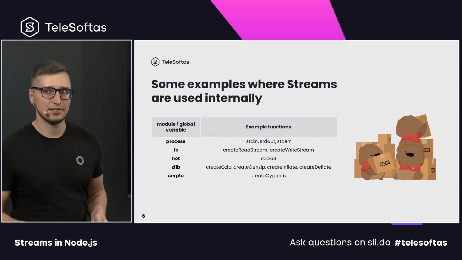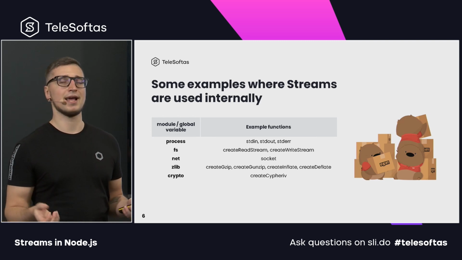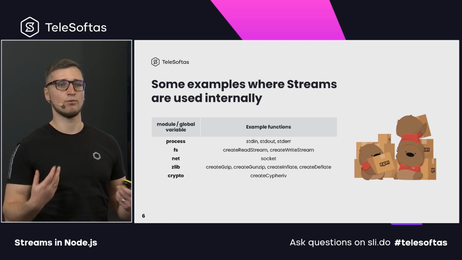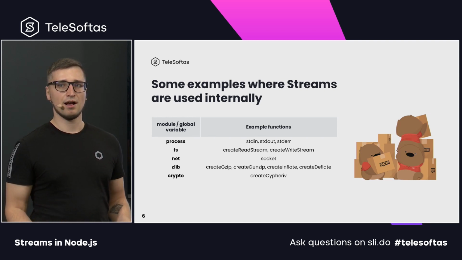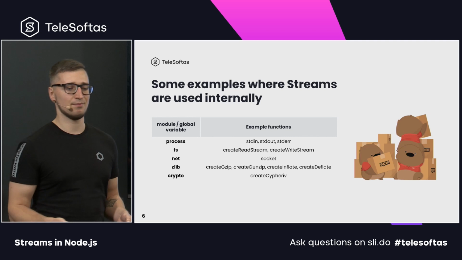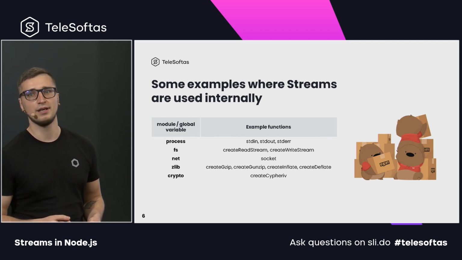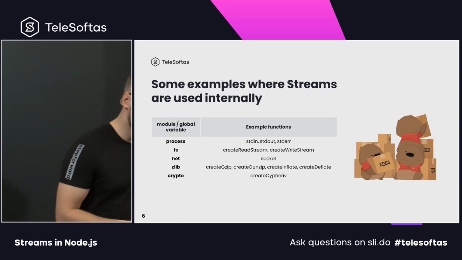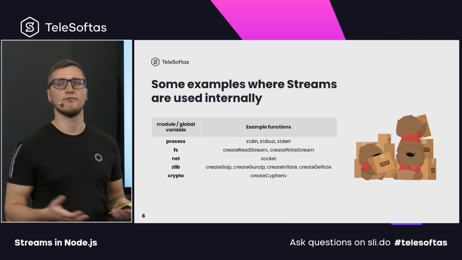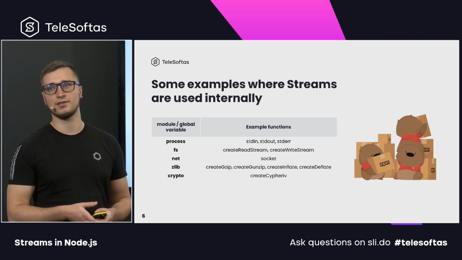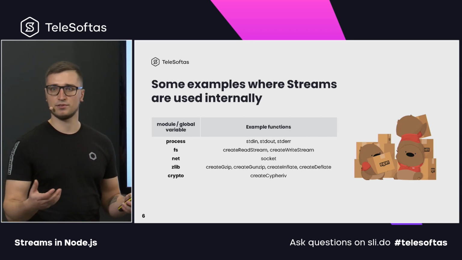We have a standard input, which means that if we are having a terminal application and we are writing some data into the process, we can read that data. Once the process absorbs that data, it gets spit out to standard output. And in case there is an error during the process, some sort of error message could be spit out to standard error, and it can be done as a piped stream.